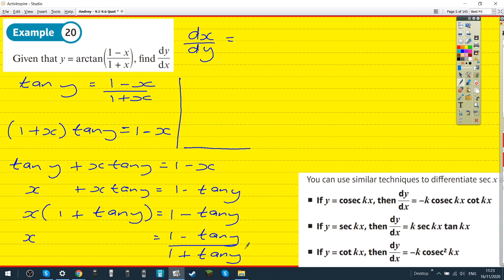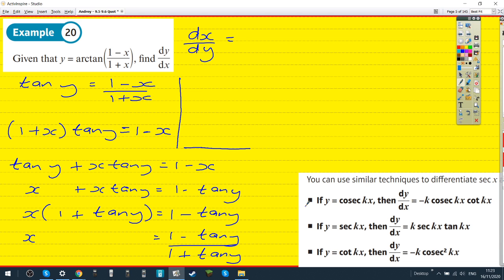So how do you differentiate this fraction? Do I do 1 minus tan y times 1 plus tan y to the minus one or something? You could convert it that way. You could do quotient rule because it's one divided by another, or you could change it to the minus one thing and do product rule. It's all the same.